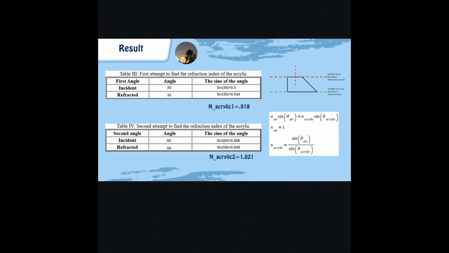For the first attempt, we used 30 degrees, and we got a refracted angle of 33 degrees. We used the formula on the bottom right, and we got n acrylic 1, the acrylic refractive index at attempt 1, equal to 0.918. And for the second one, we got 1.021.